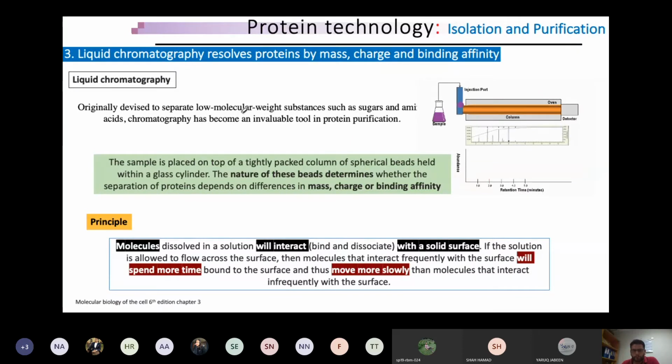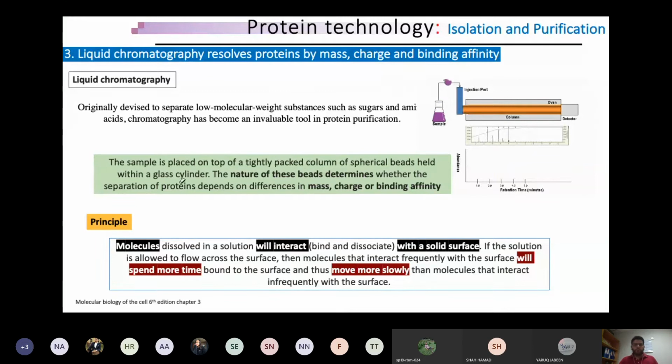We could separate low molecular weight proteins from high molecular weight ones. Initially, this technique was developed for separating smaller molecules, for example, sugars and amino acids. But later on, you could use this technique for protein purification and so forth.